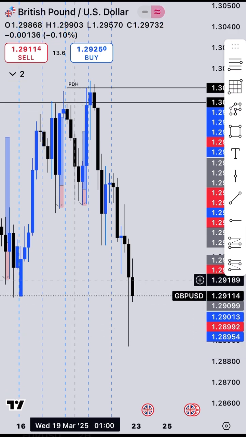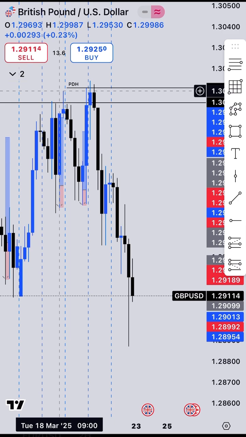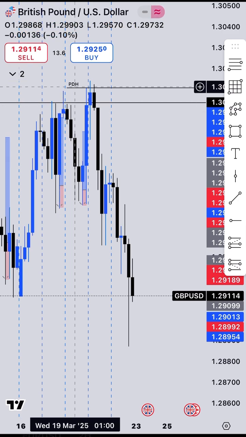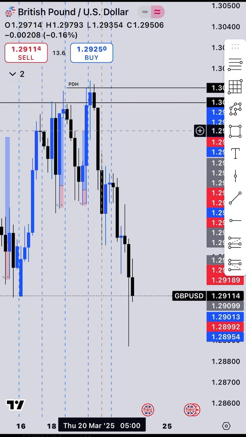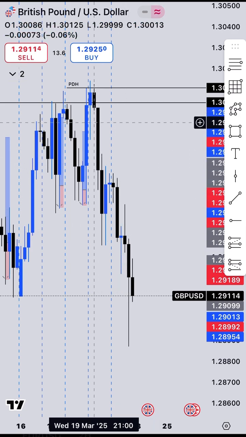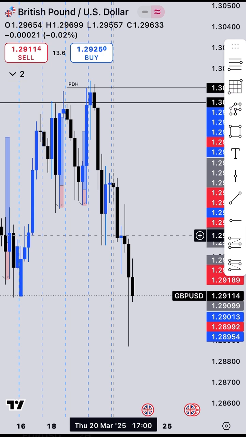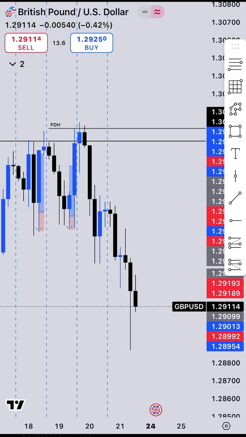So on Wednesday, while Euro USD is dropping, GBP USD is buying to take out this previous day high, this liquidity level. Immediately price took out this liquidity level, I knew that GBP USD is yet to give us the expansion that Euro USD has already done.